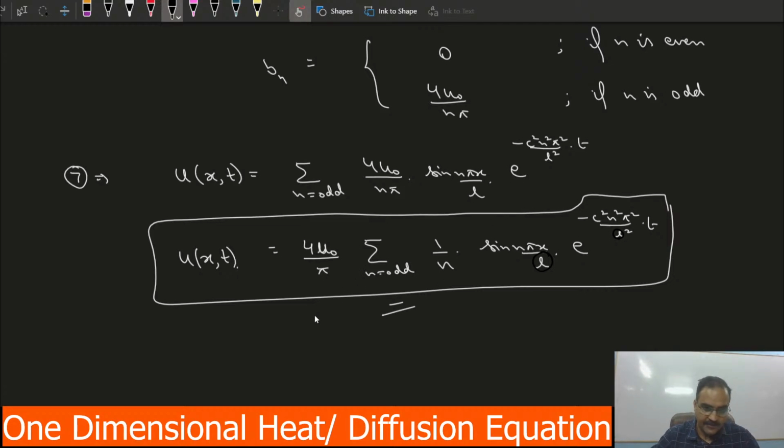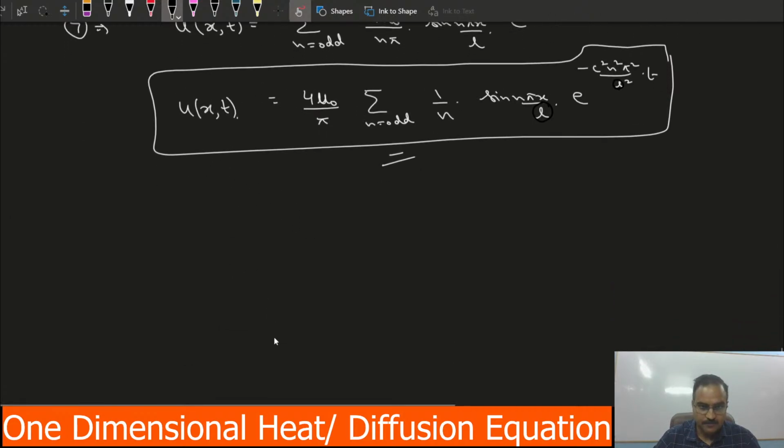Here we are taking the difference of temperature. Two temperatures are there.